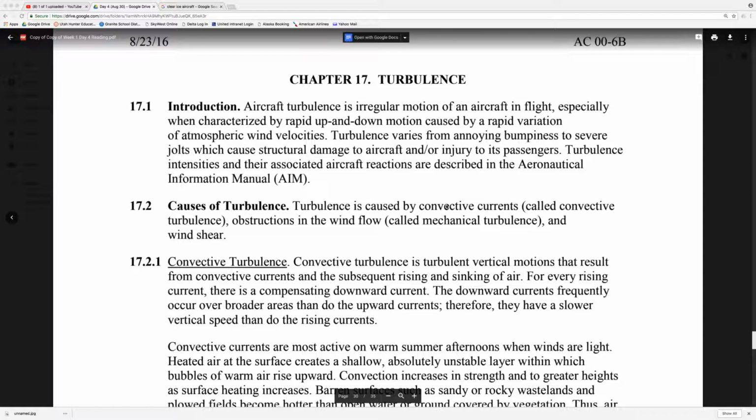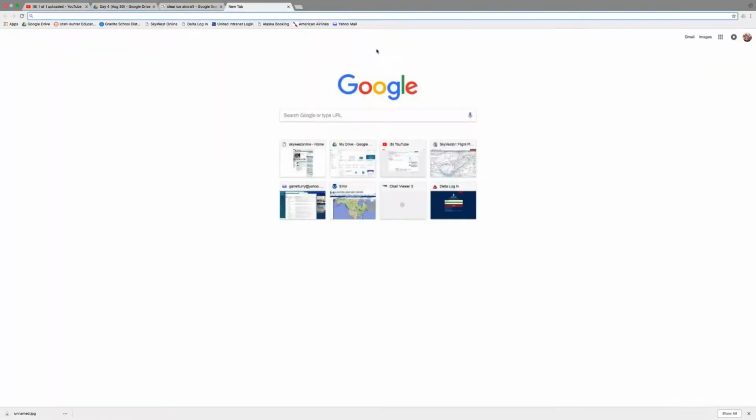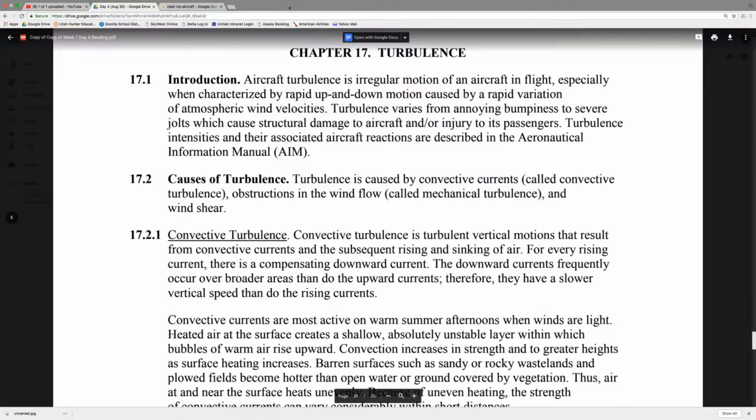But we're really concerned about that standard lapse rate, because we use that to find our, like I said before, ISA, which stands for International Standard Atmosphere.